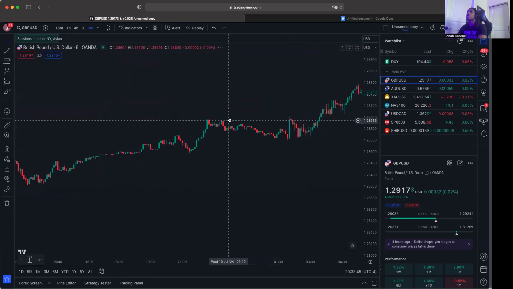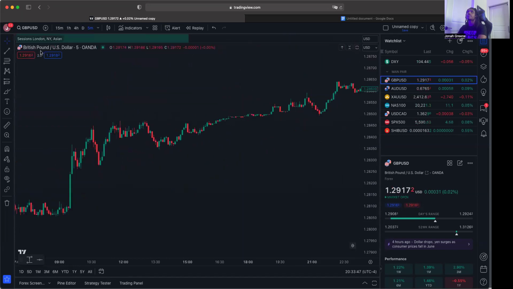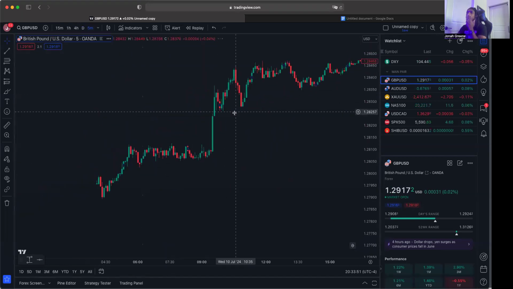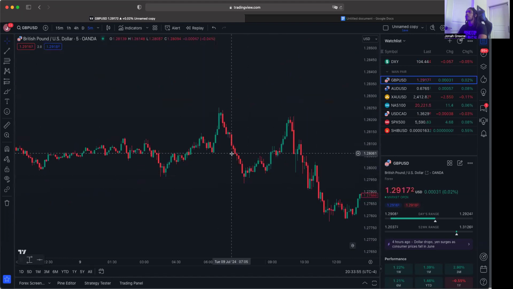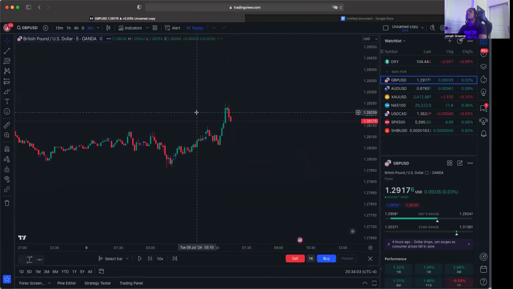So this is good. Sorry, guys, TradingView is acting up. So now we have one right over here. Let's go ahead and replay this area right here.